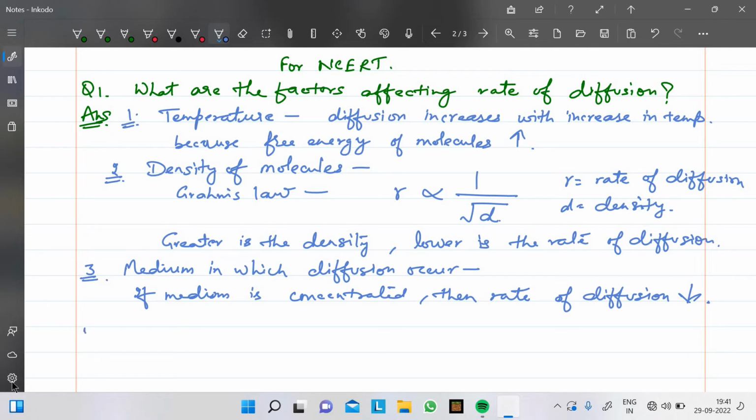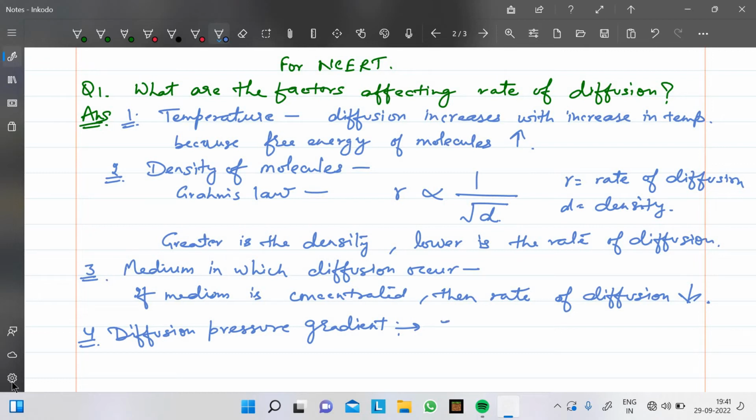And the last one is diffusion pressure gradient. What is diffusion pressure gradient?